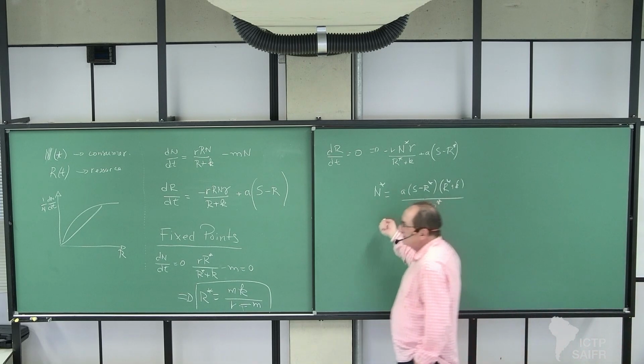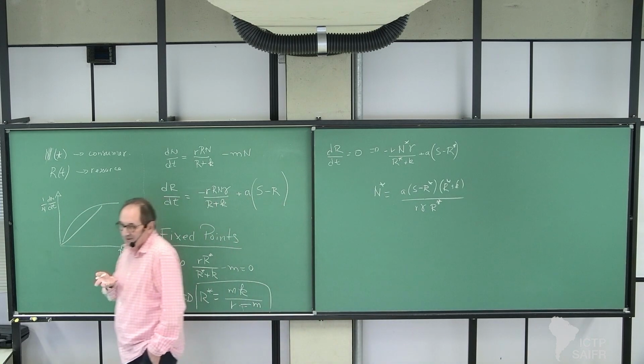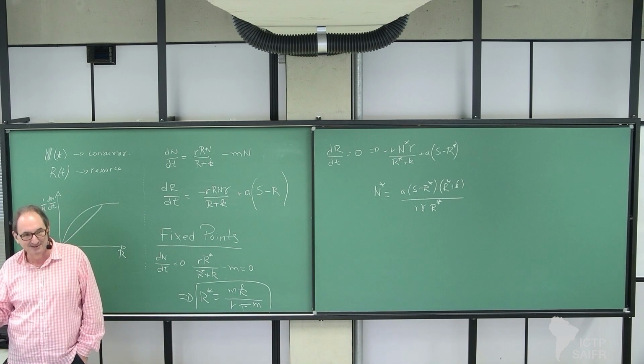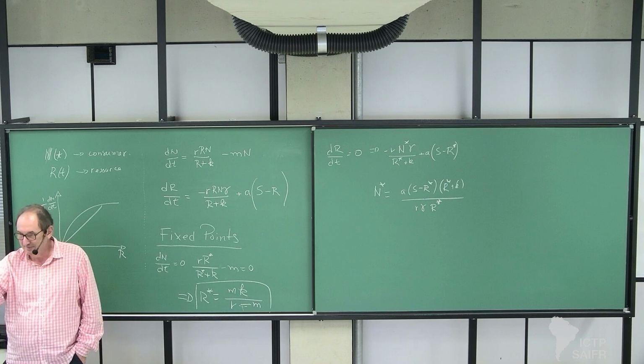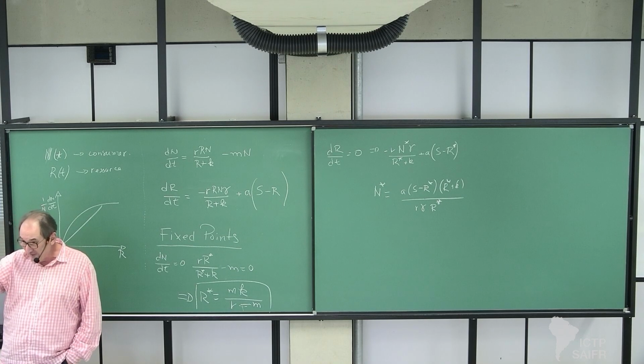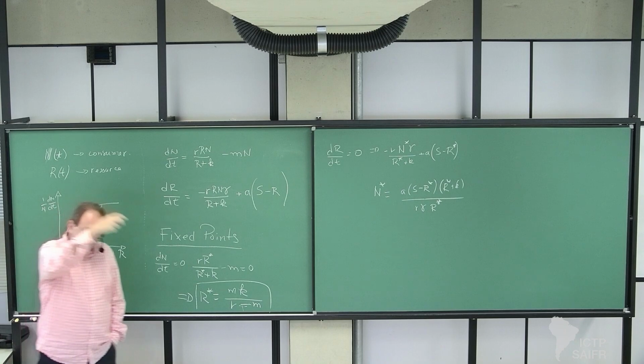Now, what is this? This is the equilibrium population. So this is the effective carrying capacity. It goes to equilibrium, and that's the carrying capacity, without even talking about carrying capacities.